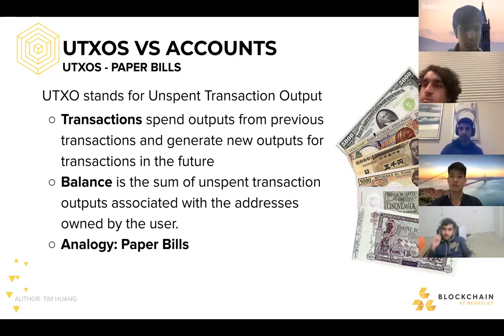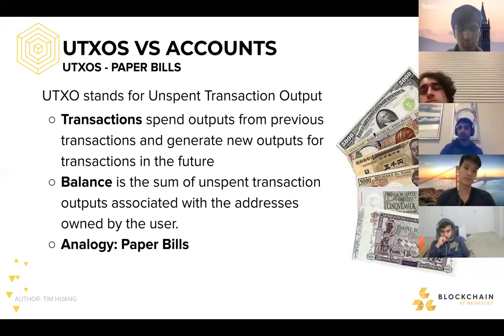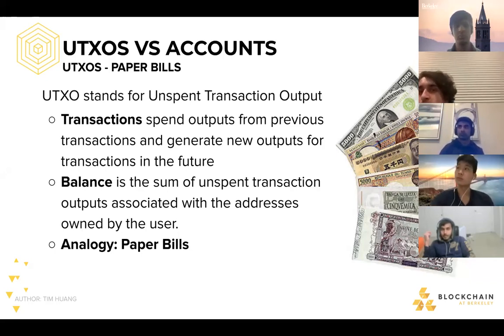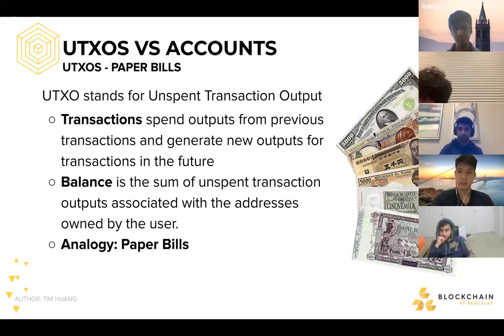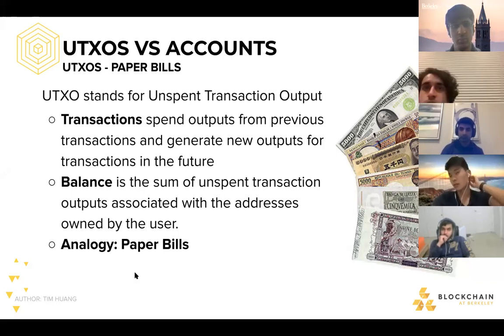UTXOs are kind of like a change-making system for Bitcoin. So your balance is the sum of your UTXOs. Every Bitcoin address has a set of UTXOs associated with it, and your balance is the sum of these UTXOs. So when you pay someone, you're essentially sending them UTXOs. That's the very simple way of thinking about it.